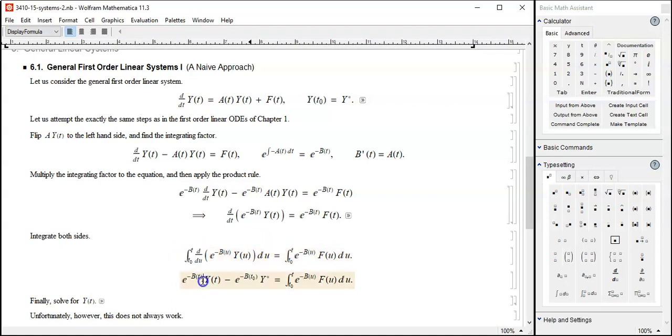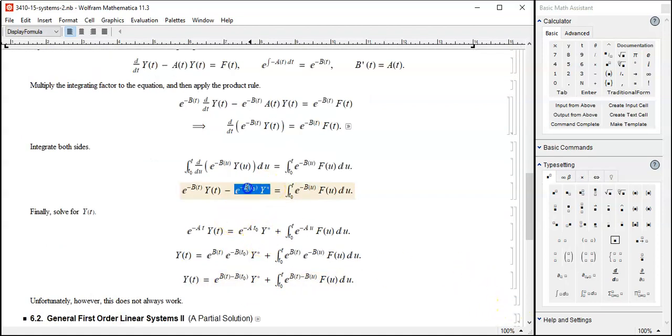And then we plug in t and plug in t0, subtracting one from the other by the fundamental theorem of calculus. And then finally solve for this y. So flip this to the other side. And oh, wait a minute, all these should be B's.